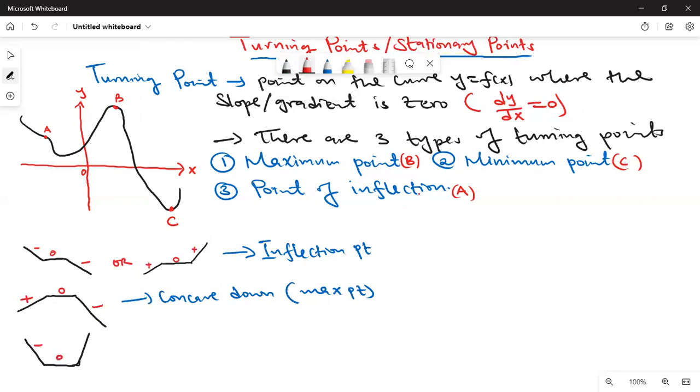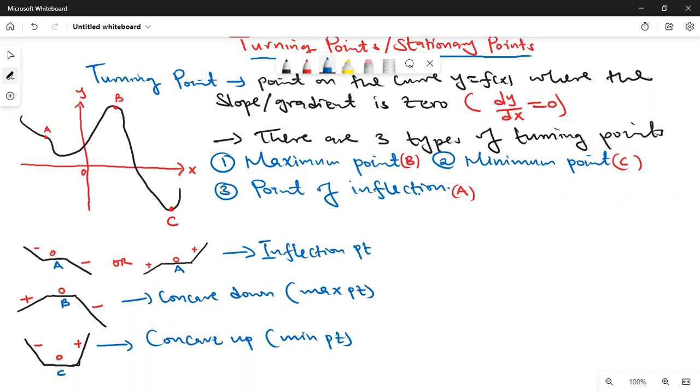Here we have 0. Here we have positive. So when you have a graph that is concave up, we talk of a minimum point. So this is the point C. This is the point B. And this is the point A. It can either be this or this other one. So you see the nature of your graph at a turning point.